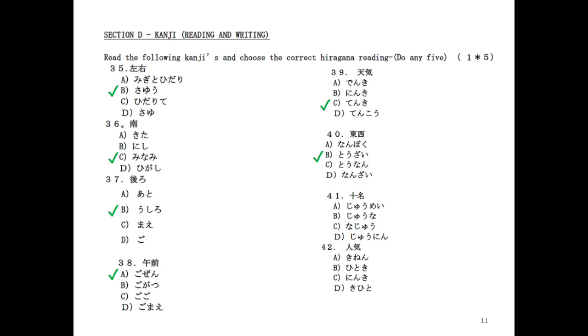Anyway, here for 40, the answer is B. 41. The correct answer is Yume, which is option A. 42. The correct answer is Ninki, which is option C. It's not Hitoki, it is Ninki, which means popular.